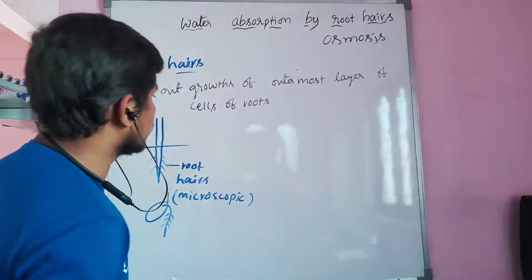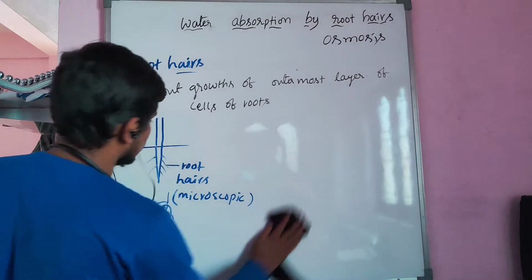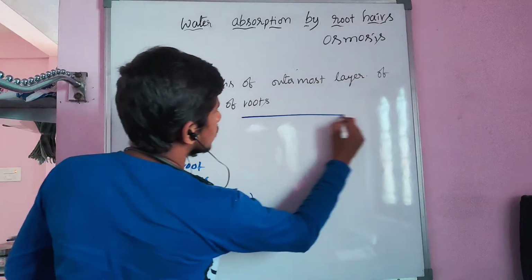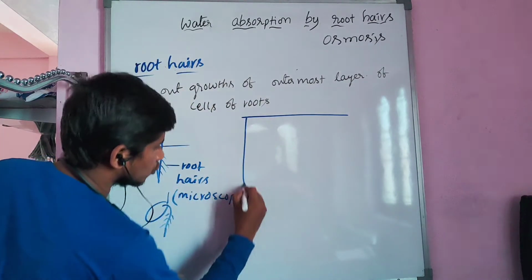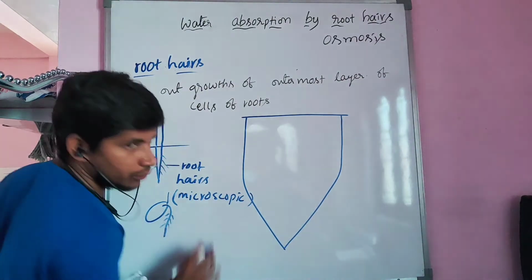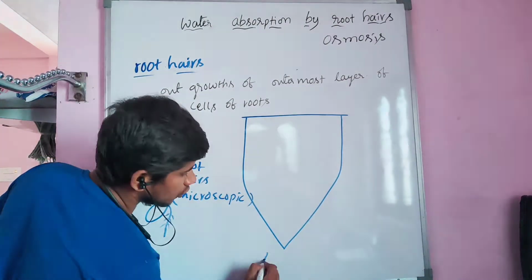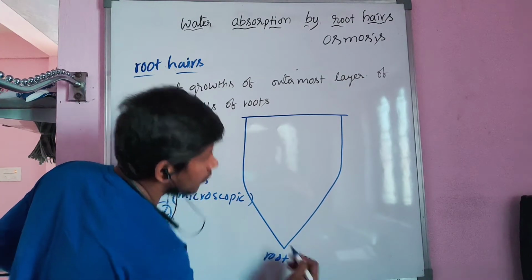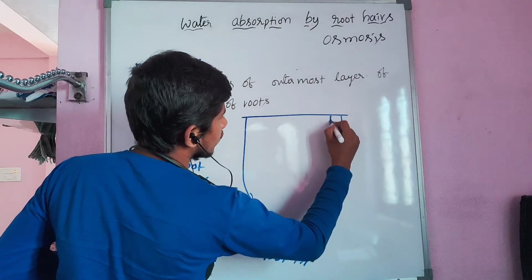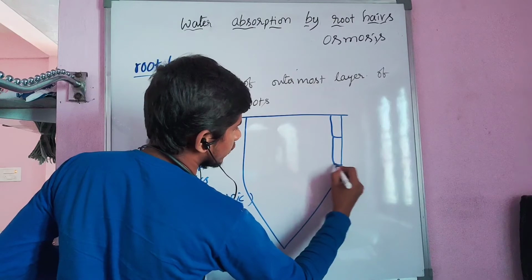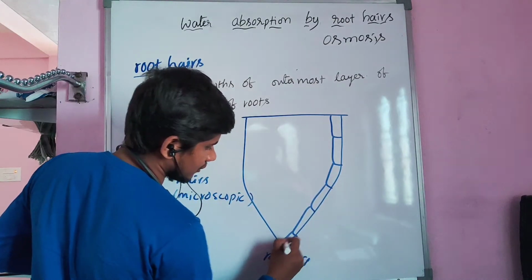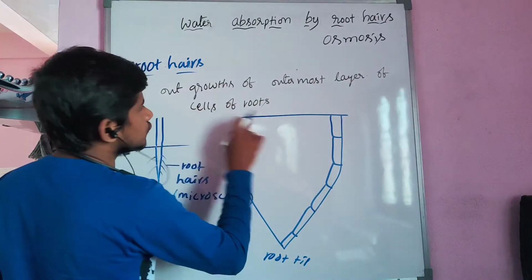If I draw the root diagram, then you can come to know. See, this is a root, and this is the root tip for our understanding. Now these are the outermost layer of cells, and there are outgrowths from that outermost layer.